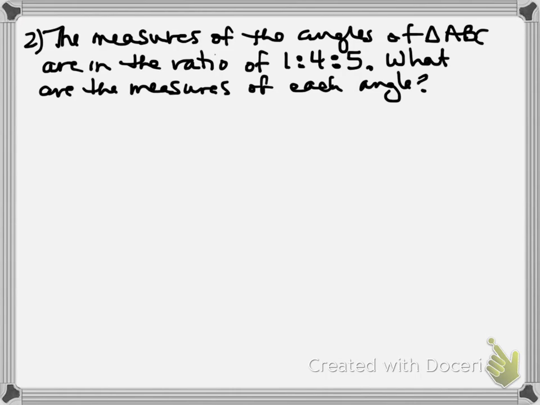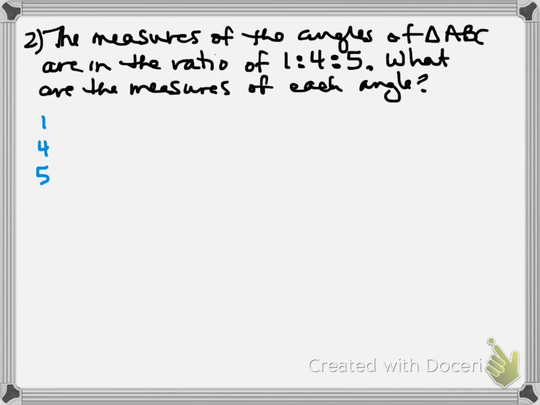Okay, so what we're going to do is we're going to take those ratio numbers. And the reason why I'm going to go through this is you have at least 1, if not 2 of these problems on your homework. I'm going to take my ratios and I'm going to write them vertically. Now the angles did not measure 1, 4, and 5 because that would add up to 10, and that certainly doesn't equal 180. So what I need to do is to figure out what I reduced them by.